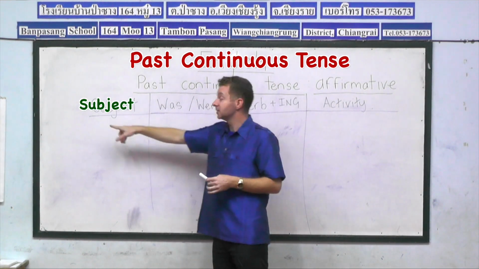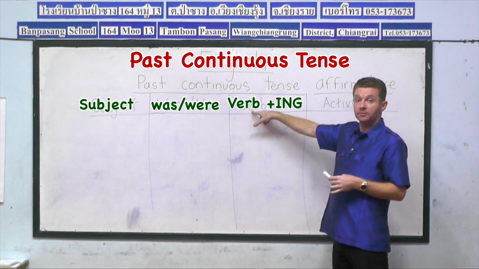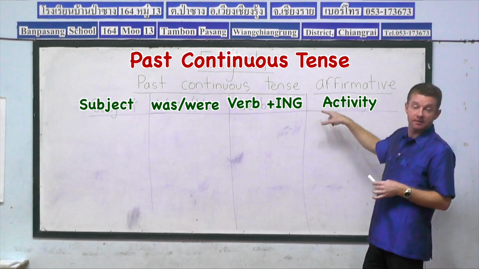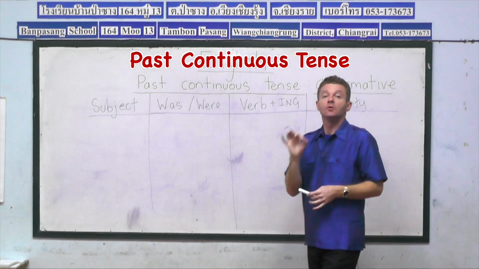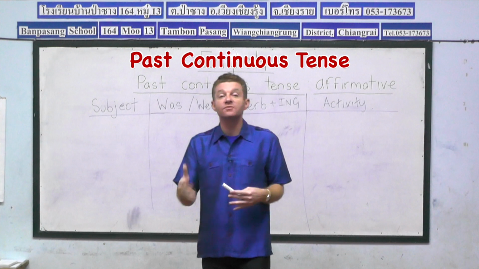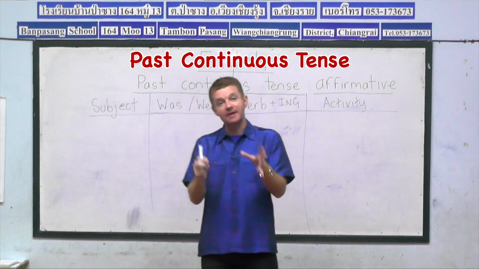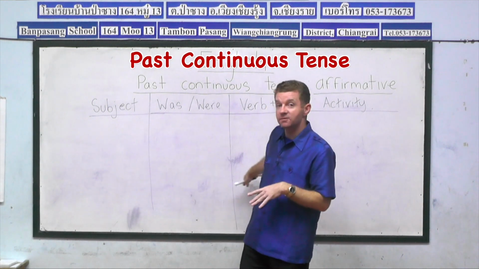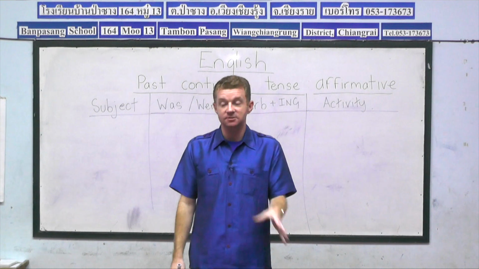Subject, was or were, verb, plus ing, and then the activity. So what I'm going to do now is I'm going to give some of my students a marker pen, and they're going to come forward and demonstrate how to construct and speak an affirmative sentence in the past continuous tense. So let's see who can go first.